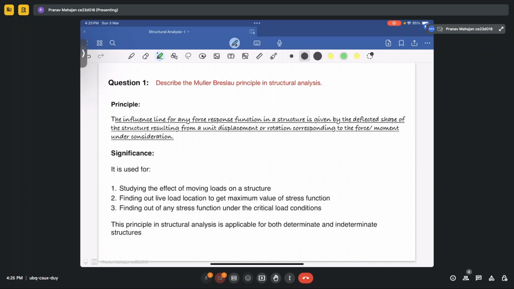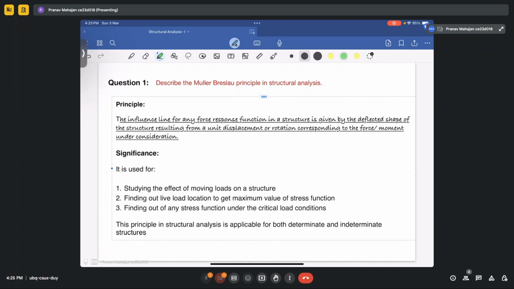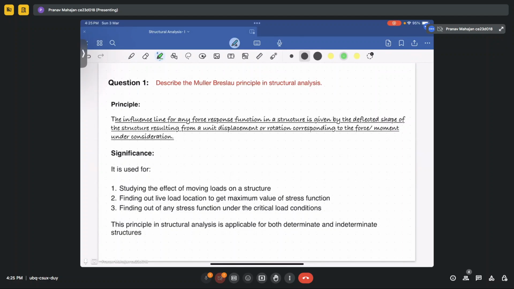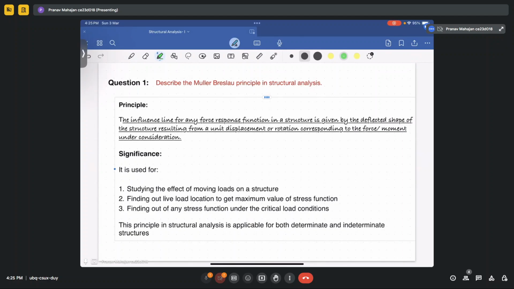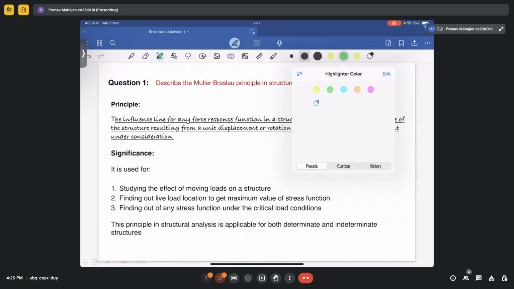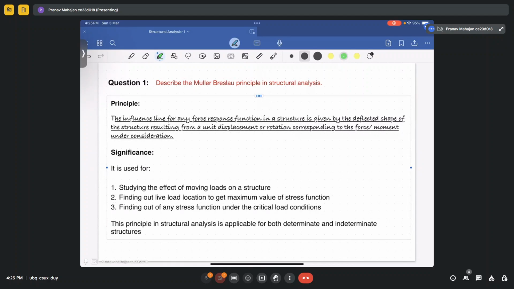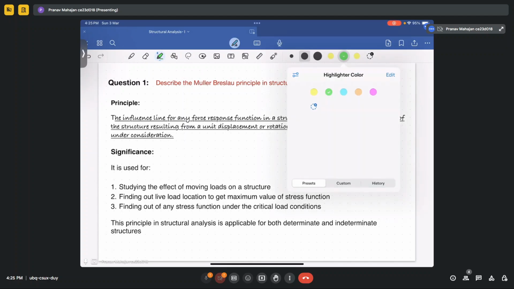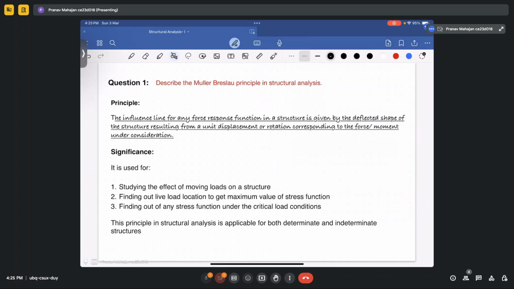So the main point you have to remember here is that it is based upon the deflected shape of the structure caused by the unit displacement or rotation.